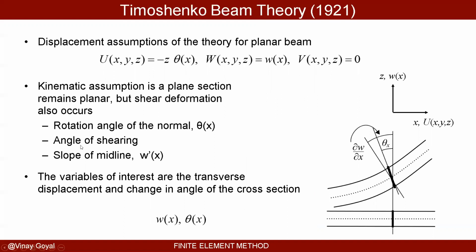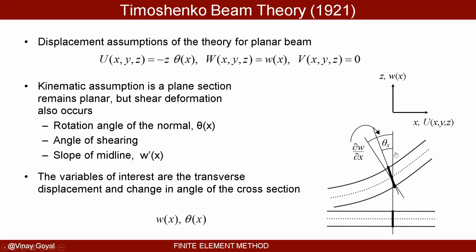The displacement assumptions of this theory for a planar beam, and I covered this already, but we'll cover it again. The deflection u in the x-axis depends on just a linear, it only depends on the explicit value of z through the thickness.